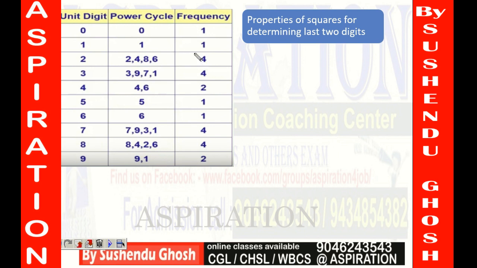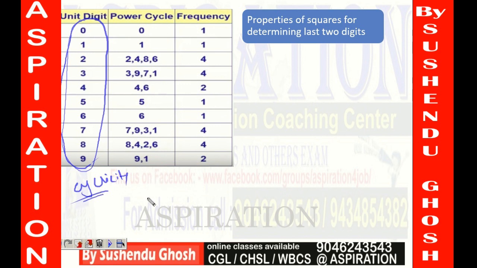Now there might be cases where the base number has this kind of unit digit. This is very important. This is basically required whenever you are trying to find the unit digit of any number. In that case you have to determine the cyclicity of the unit digit of the base number.